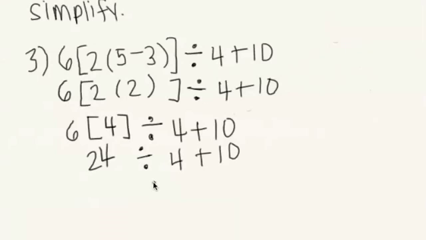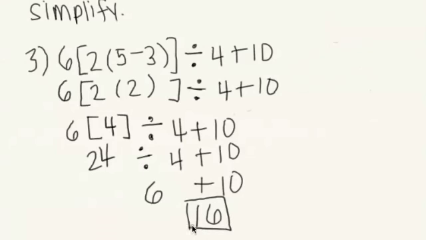So 24 divided by 4 is 6, plus 10. Nothing to multiply or divide anymore, so now I can finally add or subtract. In this case, add. And so there we go. Final answer is 16.